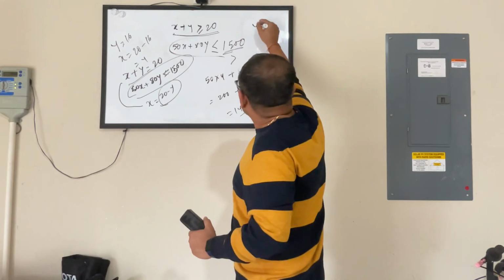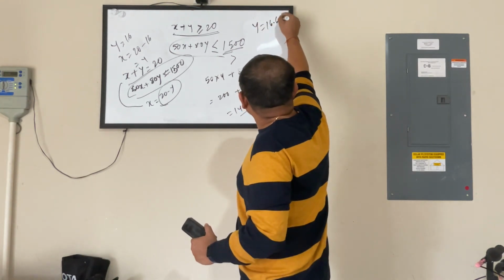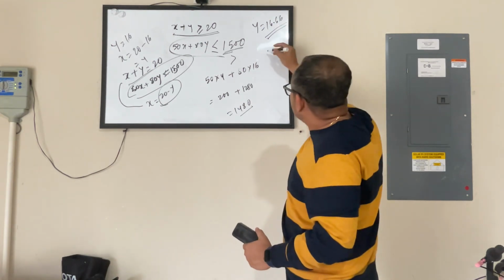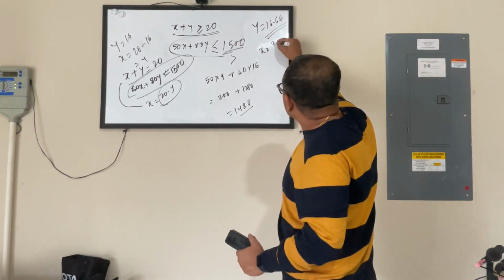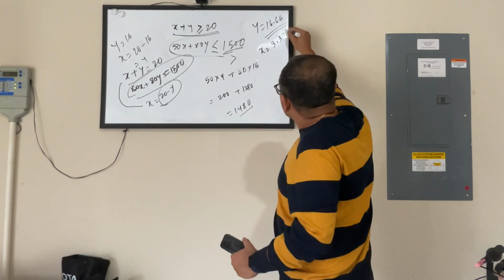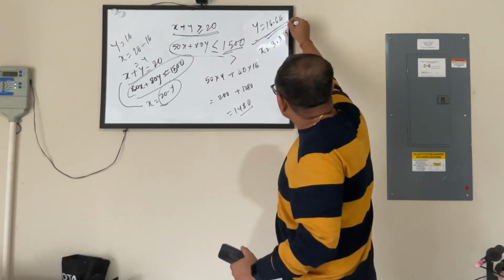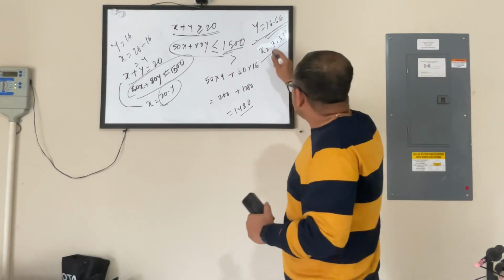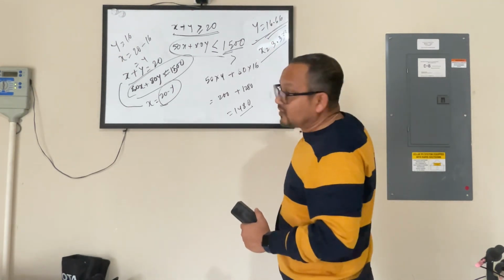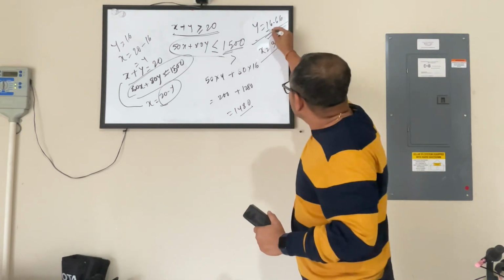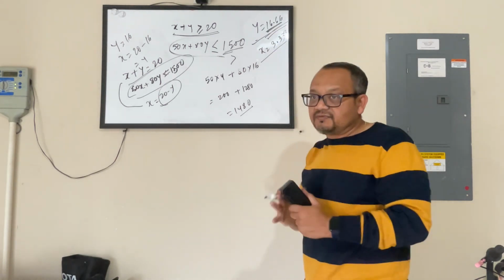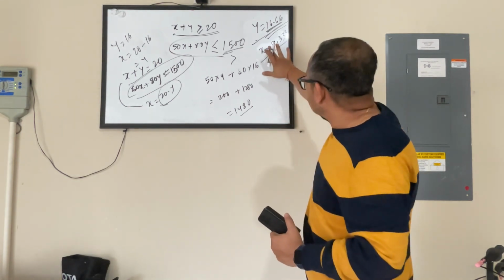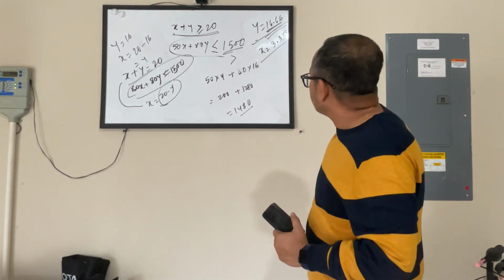Once you got y equals 16.66 and you know that you cannot go beyond this, you have to look at the exact math: this many boxes of 80 pounds, this many boxes of 50 pounds. And you cannot have partial boxes. So you have to look for the number smaller than this, because if you go to 17, you are crossing the limit. If you go below this, you are still within the limit.